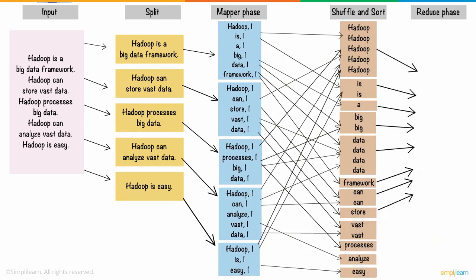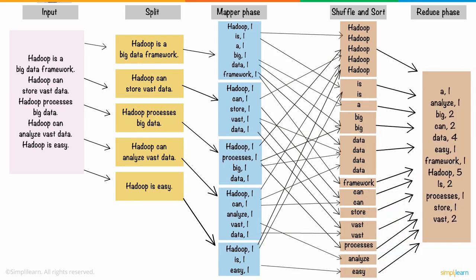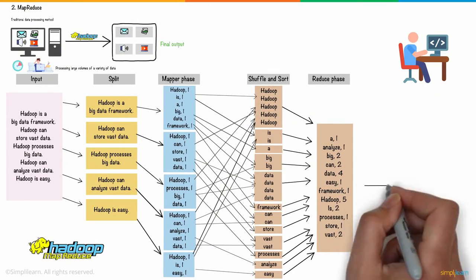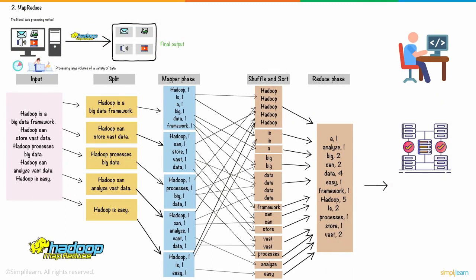Following which, in the reducer phase, all the grouped words are given a count. Finally, the output is displayed by aggregating the results. All this is done by writing a simple program. Similarly, MapReduce processes each part of big data individually, and then sums the result at the end. This improves load balancing and saves a considerable amount of time.